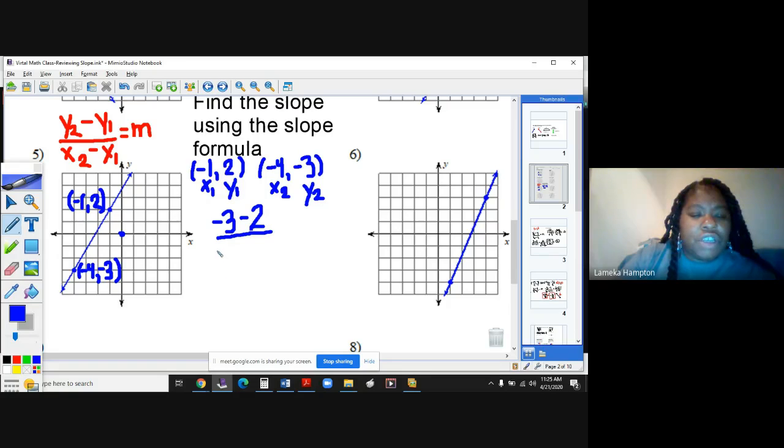And that is going to give me -4 minus -1. Remember, whenever you're subtracting negative numbers or integers from each other, you want to put that second number, if it's negative, in parentheses.